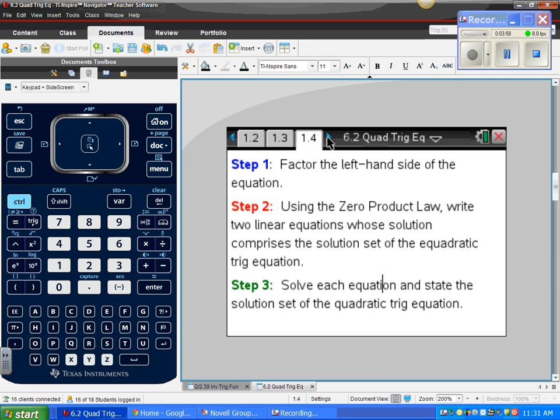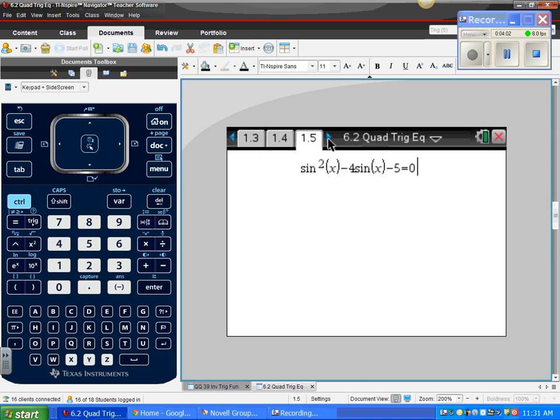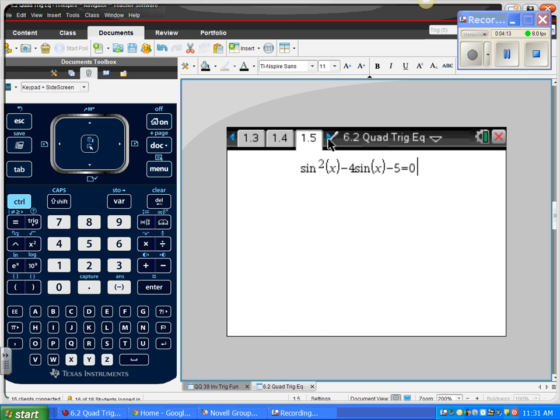Okay? All right, so let's try one. Here it is. Now, we just said if the sine is too ugly, if you can't factor it with the sine in there, you can do that let statement so that it's easier for you to see. A squared minus 4a minus 5 equals 0. So if you need to do that, you can. I'm going to do it in terms of sine because I need you to get used to seeing it like that, okay?